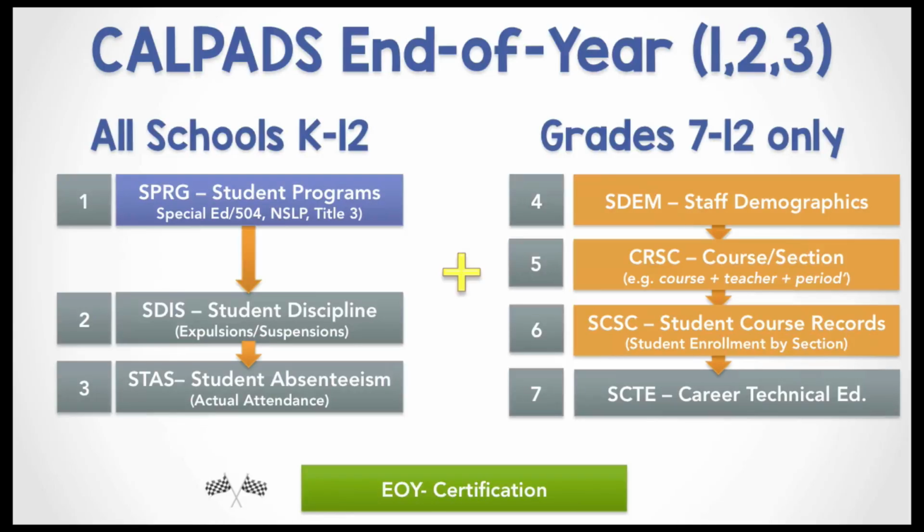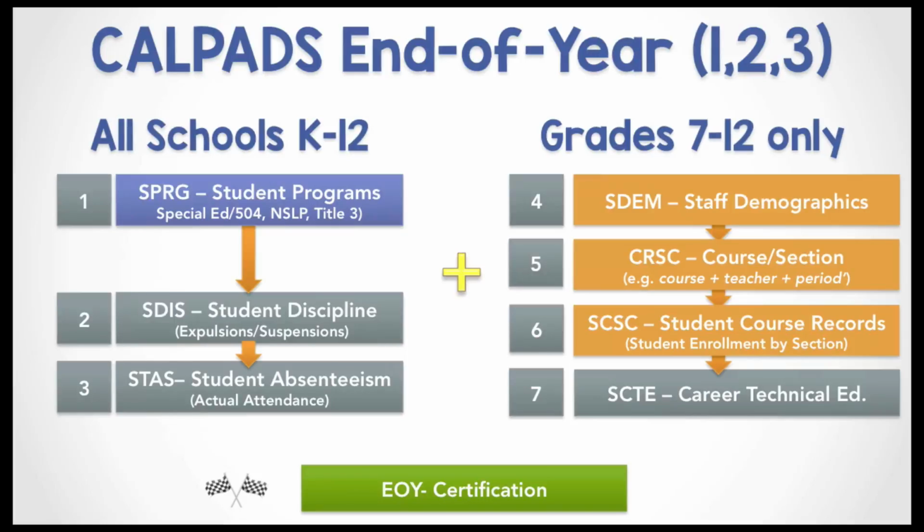And you're also going to be uploading the course section completion and student course record completion files. This means not just who's enrolled in the courses as of census day, but who actually got a final grade for that course, and that information can be submitted, like I mentioned before, even after semester 1 is over.